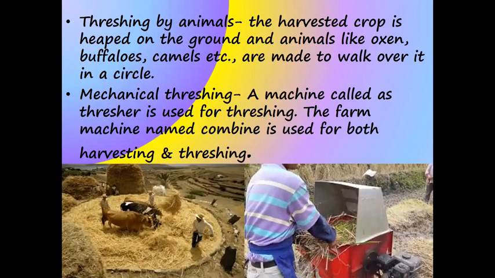Sometimes animals are used. The harvested crop is heaped on the ground and animals like oxen, buffaloes, camels, etc. are made to walk over it in a circle. In mechanical threshing, a machine called a thresher is used. The farm machine named combine is also used for both harvesting and threshing.